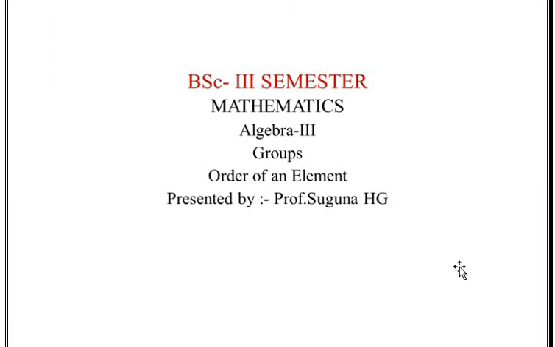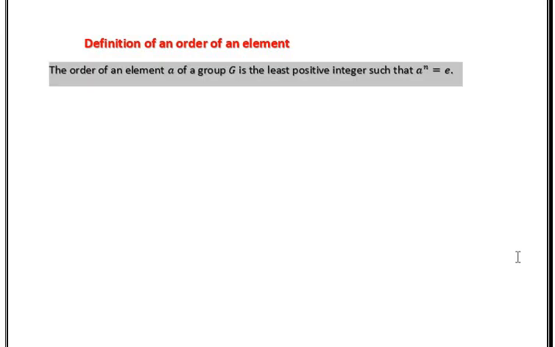In this video I am going to present you order of an element of a group, BSc third semester mathematics paper 3. Definition of order of an element of a group. The order of an element a of a group G is the least positive integer n such that a power of n is equal to e.